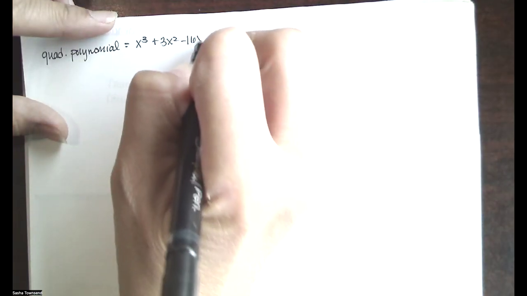So we'll say the quadratic polynomial that we're interested in is x cubed, and I forgot the rest of the polynomial, plus 3x squared minus 16x plus 12. And we're dividing by x minus 1.